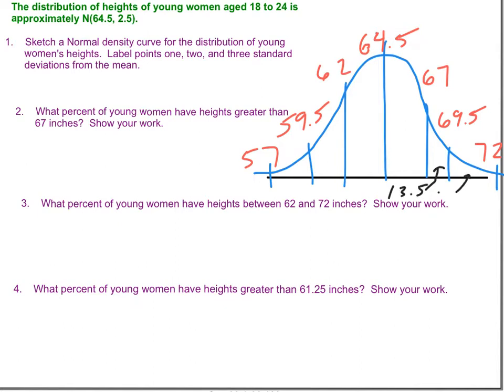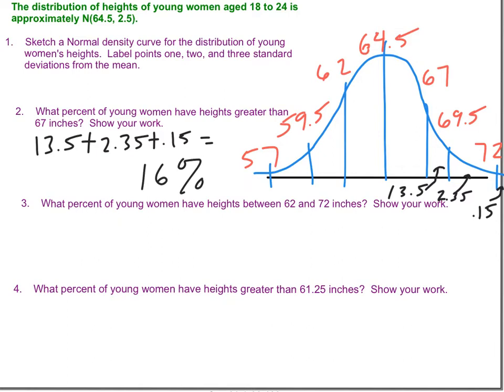This part was 2.35. And we can't really see it, but way out here, that was 0.15. Now to show my work, I just got to add those numbers together. About 16%.